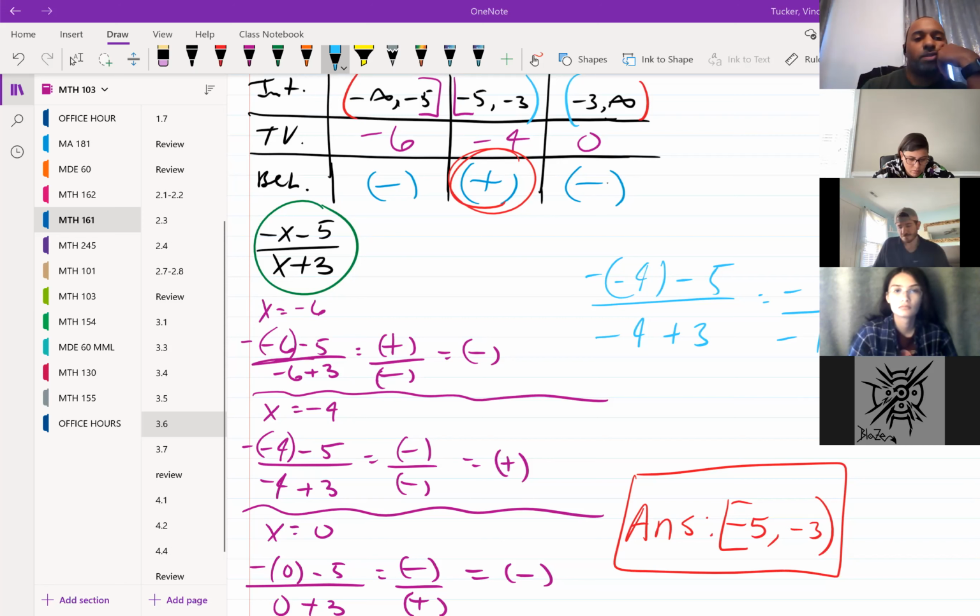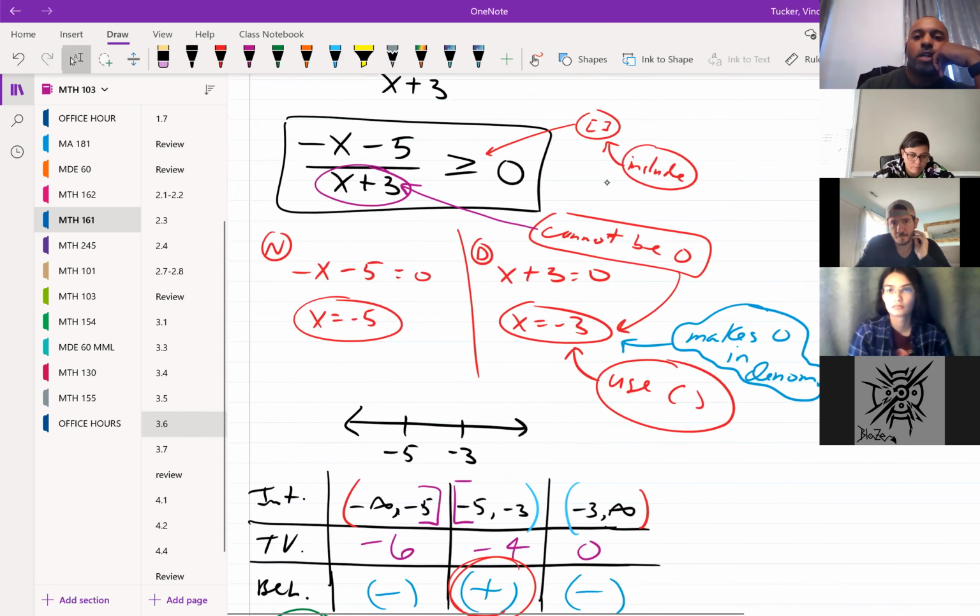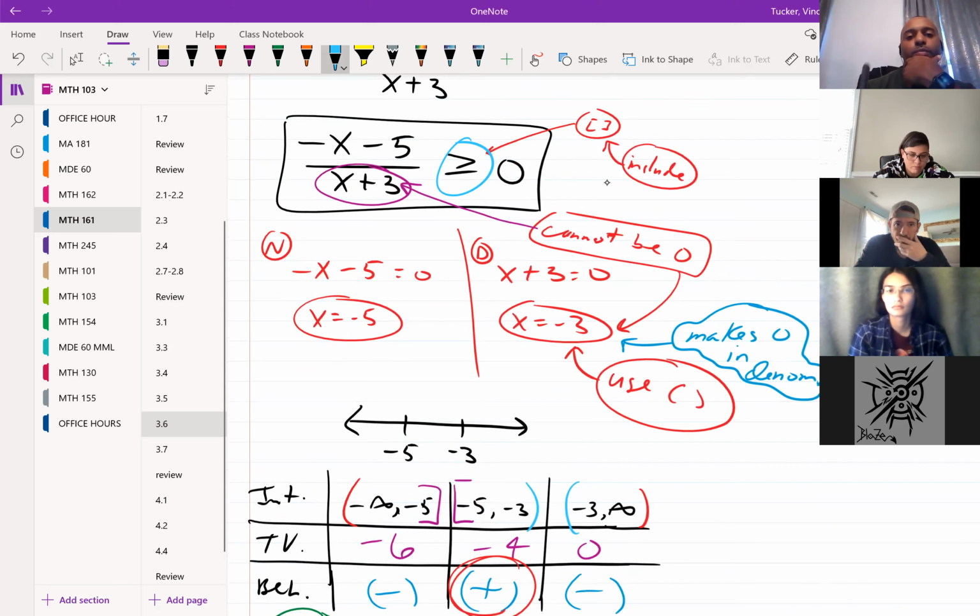Any other questions? Yeah, just one more time. Can you walk through the parentheses and bracket on the greater than or equal to and how you deciphered those again? All right. So we have to use brackets because it says or equal to.